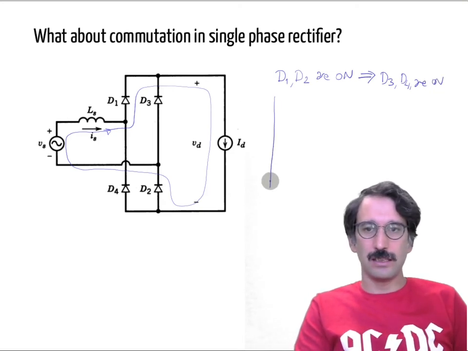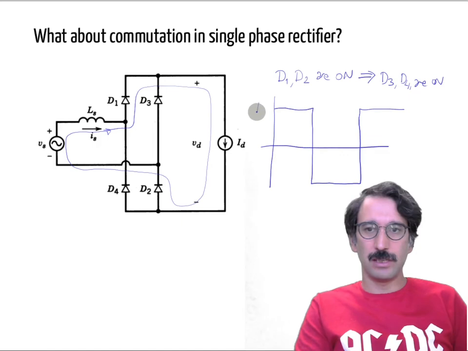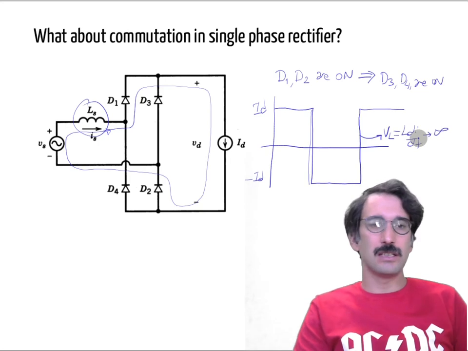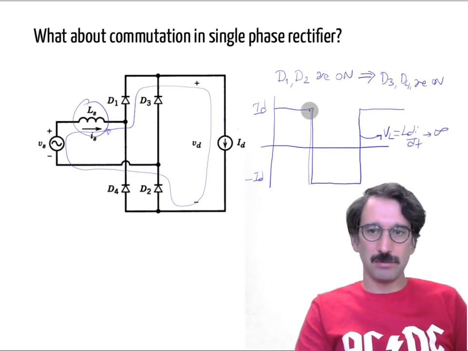So again, without commutation, the waveform I would see on the source side will be Id to minus Id with sharp edges, and again that implies if we have some inductance over here, VL is equal to L di over dt, and that implies infinite volts. So it will not be the case.